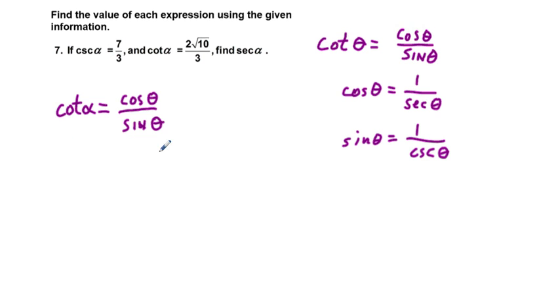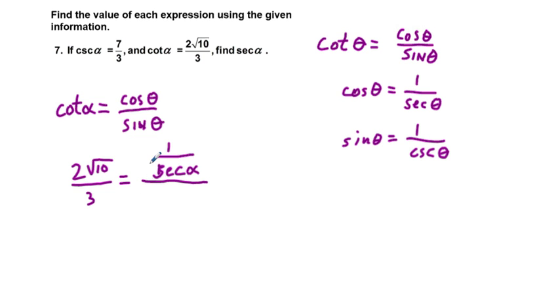Well, in this case, we're given what cotangent theta is, and that is 2 square root of 10 over 3, is equal to cosine. And cosine is going to be what? 1 over secant alpha, yeah, secant alpha, that's right.